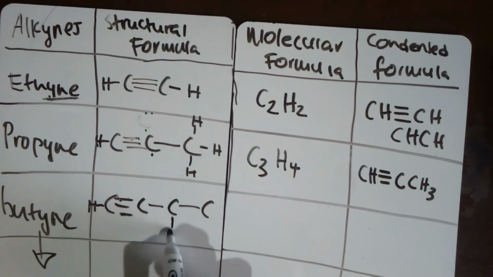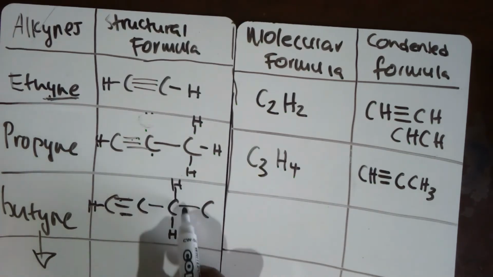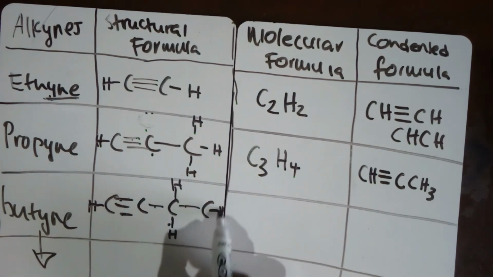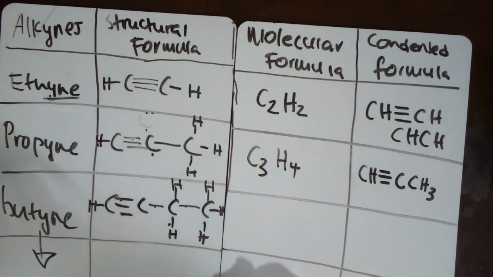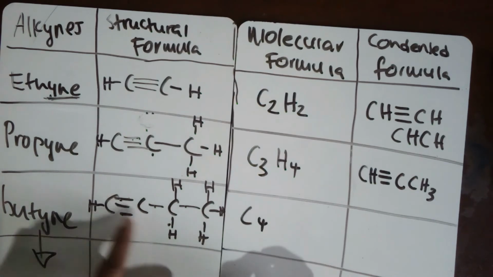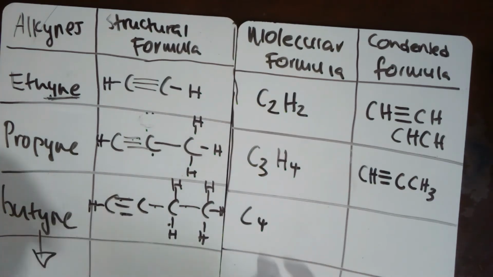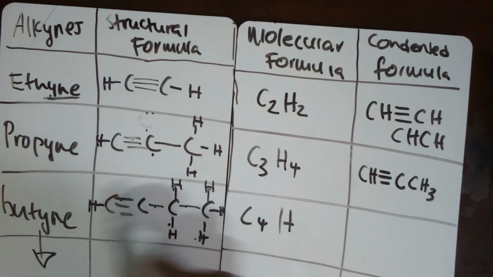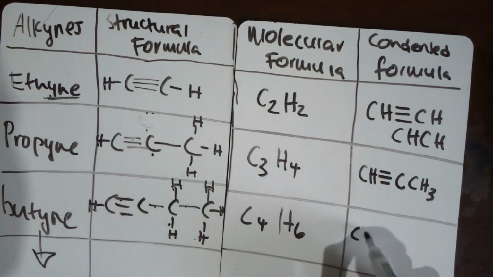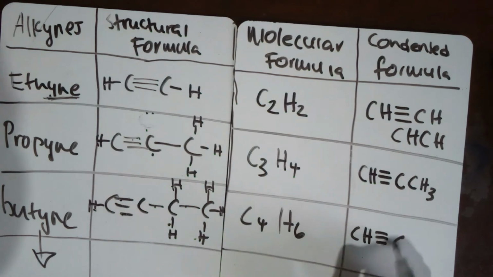Here we need 2 hydrogen atoms, 1 2 3 4. Then here hydrogen, hydrogen, hydrogen. Okay, cool. So we have 4 carbon atoms. How many hydrogen atoms? 1 2 3 4 5 6. H6. The condensed formula is CH, triple bond, C, CH2, CH3.